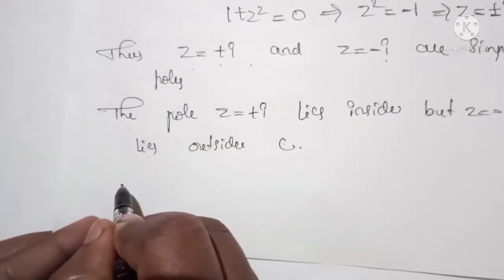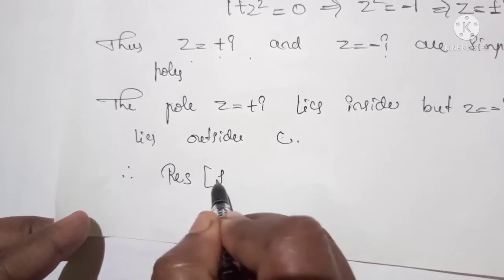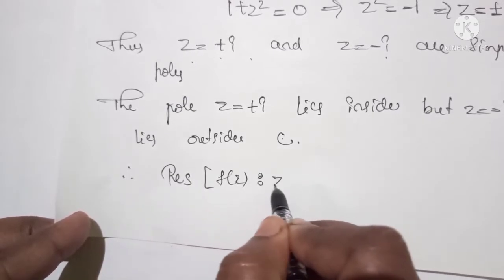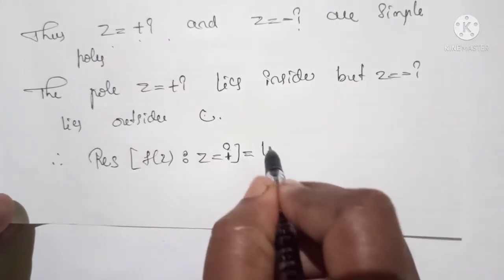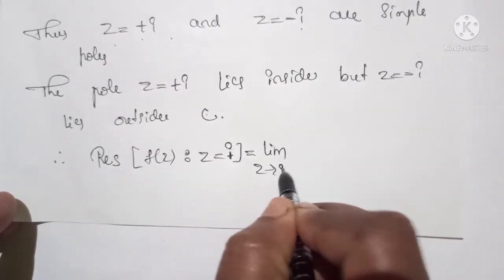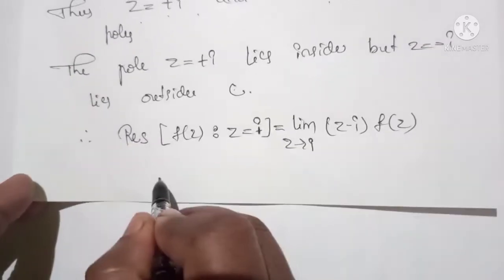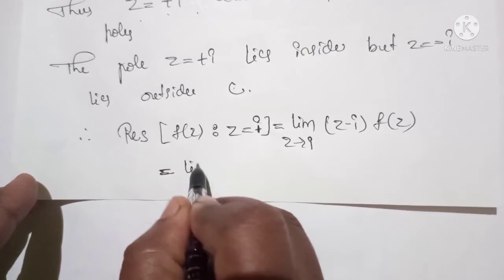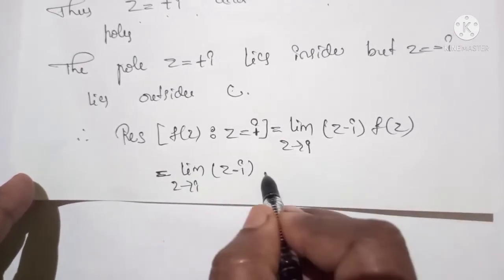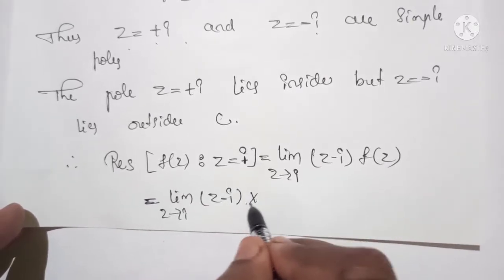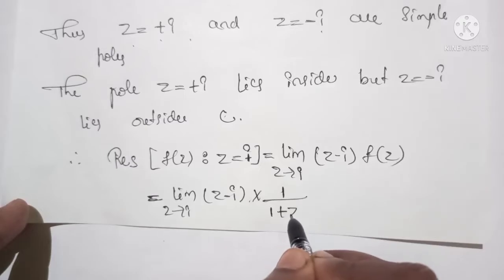So the residue of f of z at z equals i is the limit as z tends to i of z minus i into f of z, which equals the limit of z minus i times 1 divided by 1 plus z square.